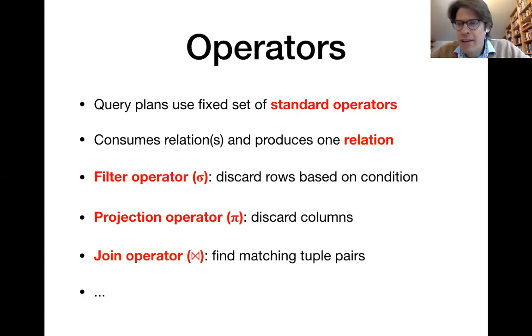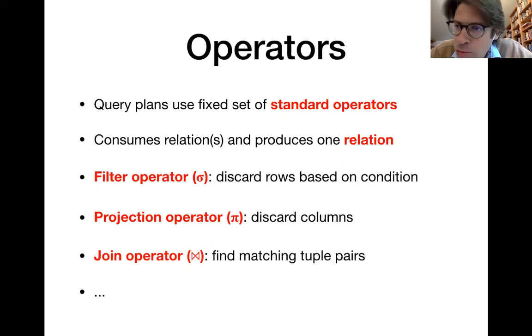The inner nodes in the query tree correspond to operations, and in order to process data, database management systems use a fixed set of standard operators. Each of those operators consumes one or two, in case of joins and some others, relations.